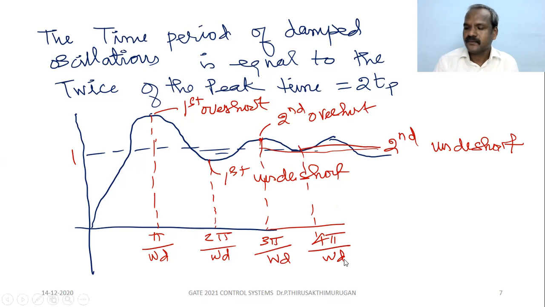Understand? So this is peak time. The time period of damped oscillations equals twice the peak time.